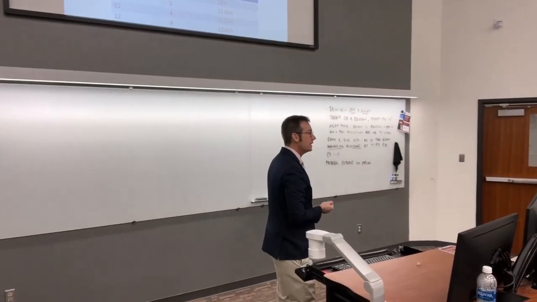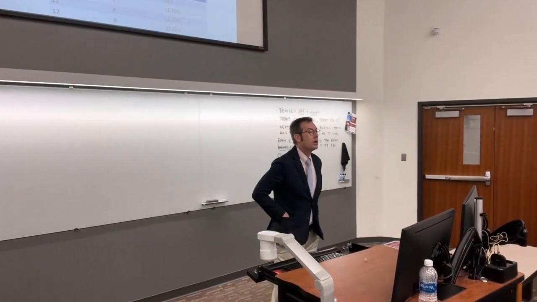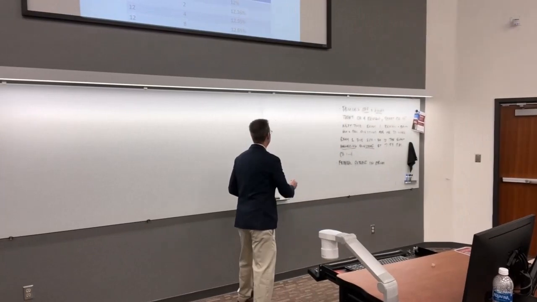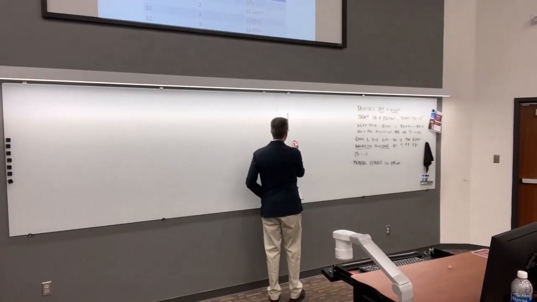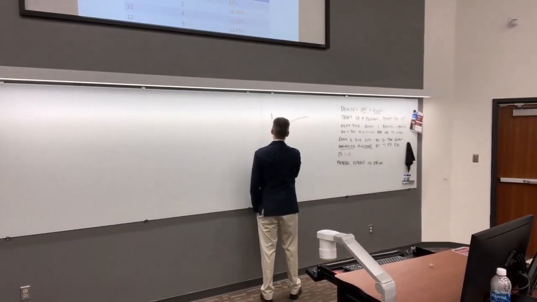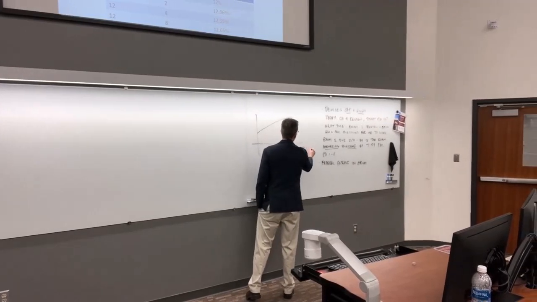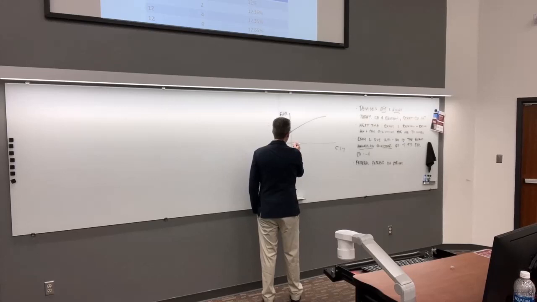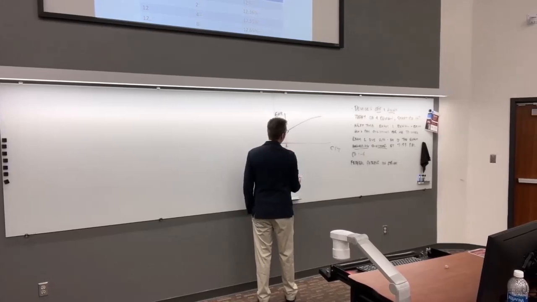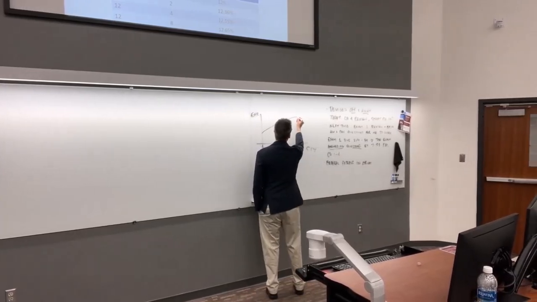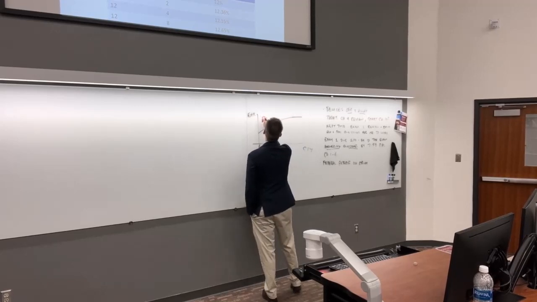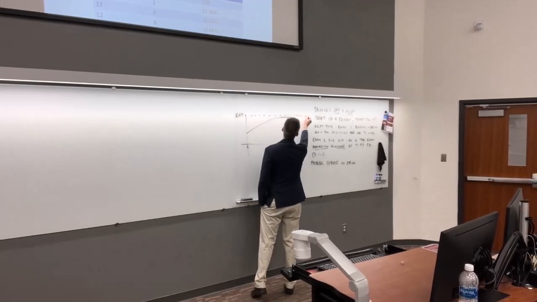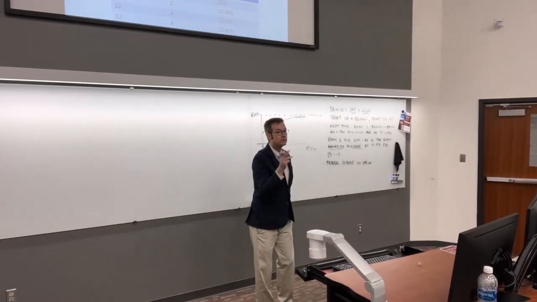And eventually, this thing is going to become what we call asymptotal. You don't have to know that word, but here's what it means. We'll call it C for Y. And this is EAR, and this is with one compounding per year. And out here, it gets close to this line, but it never actually touches it.